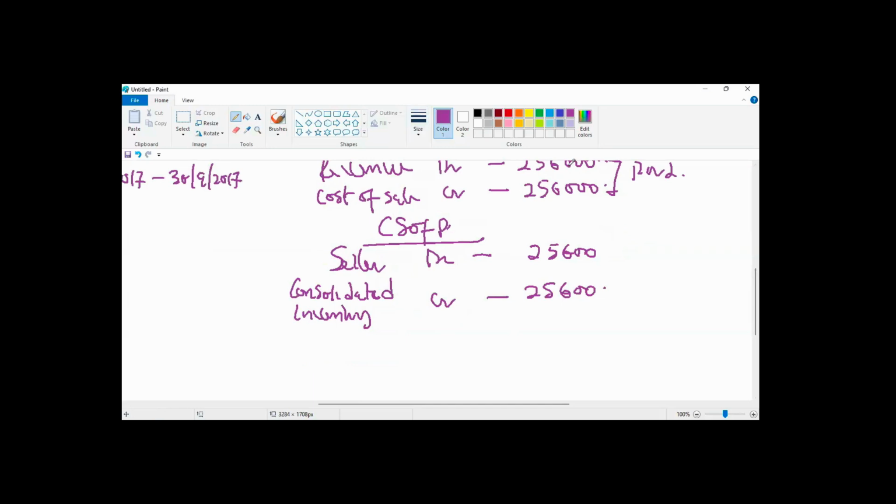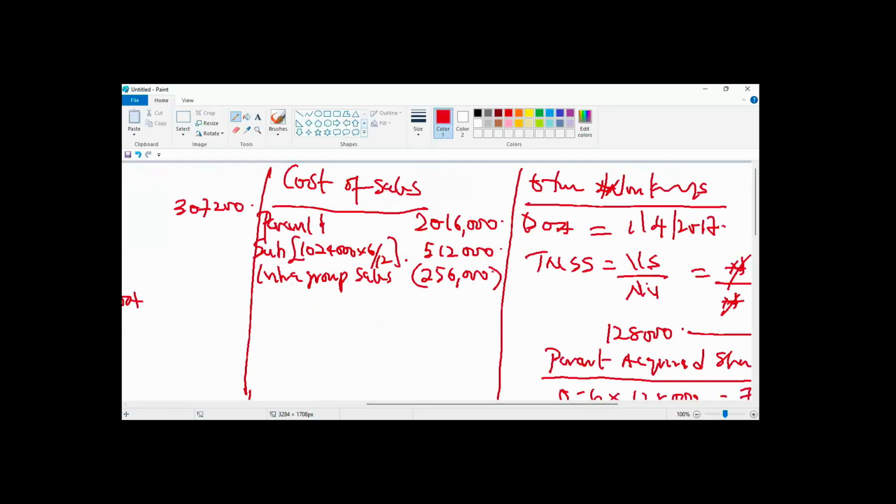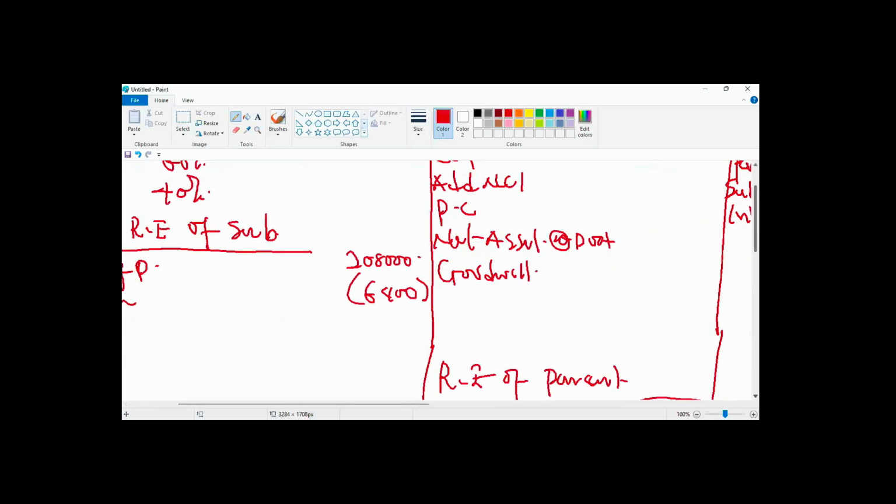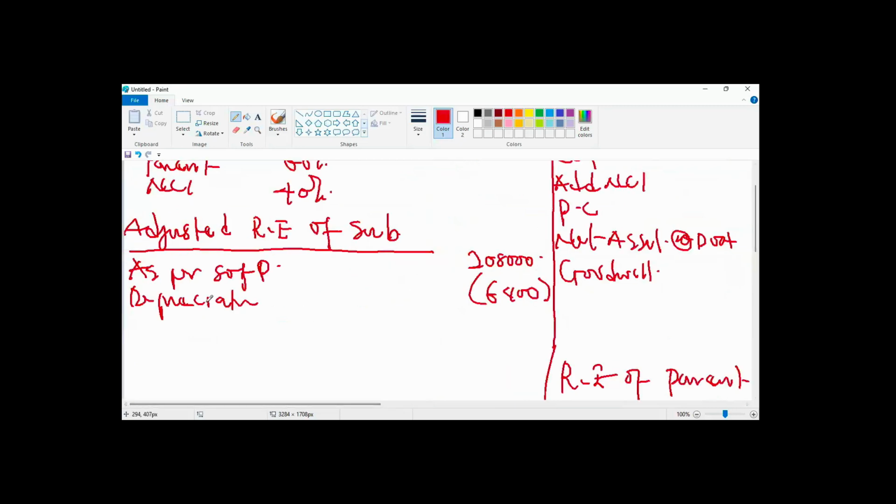So who is the seller? Let's see who is the seller. The subsidiary. Okay, sales of lower, so I'll go to the subsidiary account. You sell and make profit from your parent, so I'll go to his adjusted retained earnings, then debit. Unrealized profit on inventory, I will remove the money, 25,600.